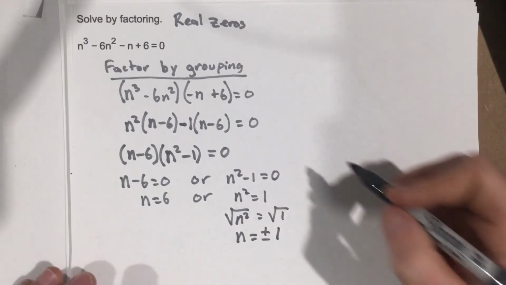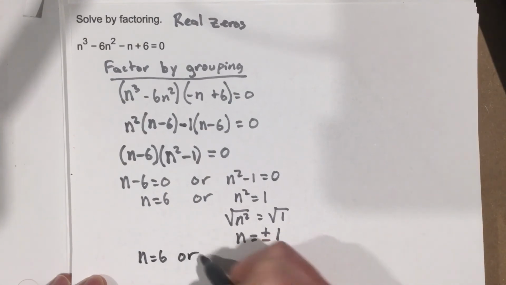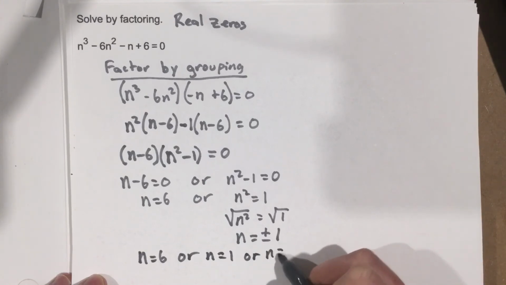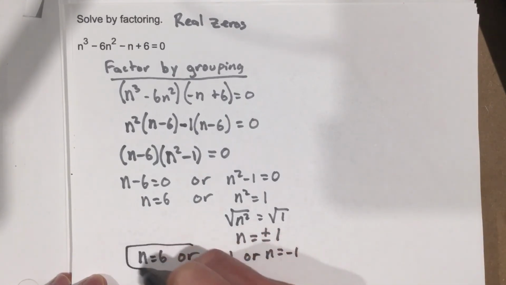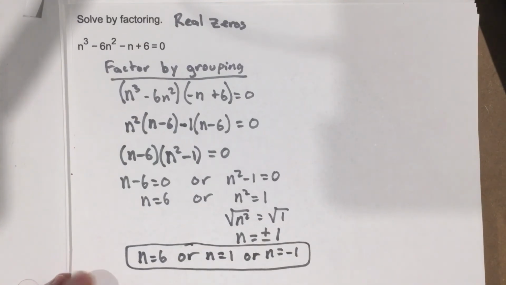So the solutions are n equals 6, or n equals 1, or n equals negative 1. That's how you do the factor by grouping.